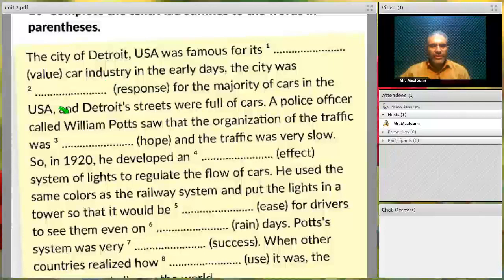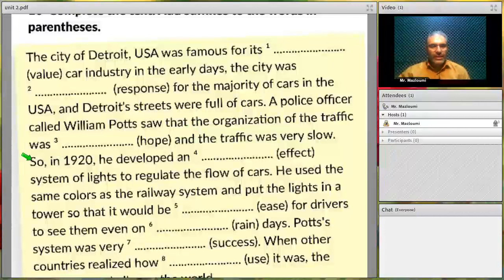And Detroit's streets were full of cars. They were crowded. A police officer called William Potts saw that the organization of the traffic was hopeless, desperate, and the traffic was very slow. So there was heavy traffic.